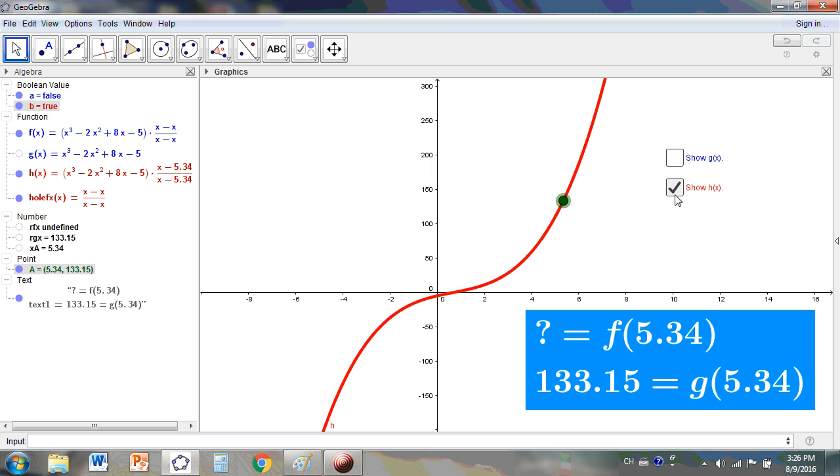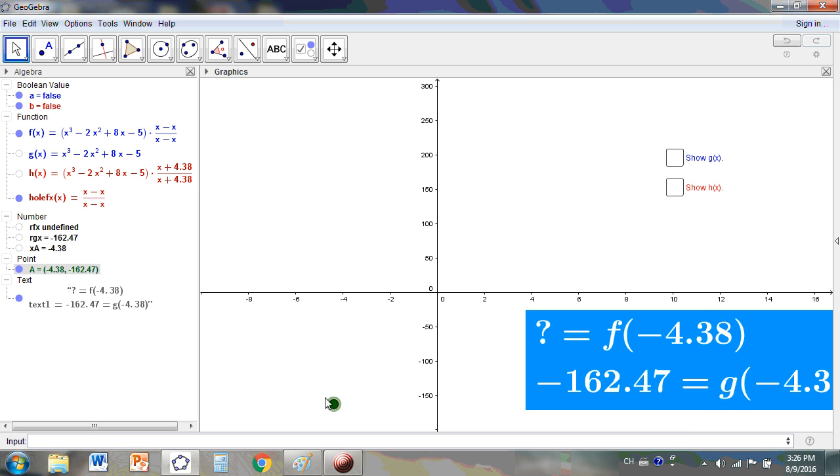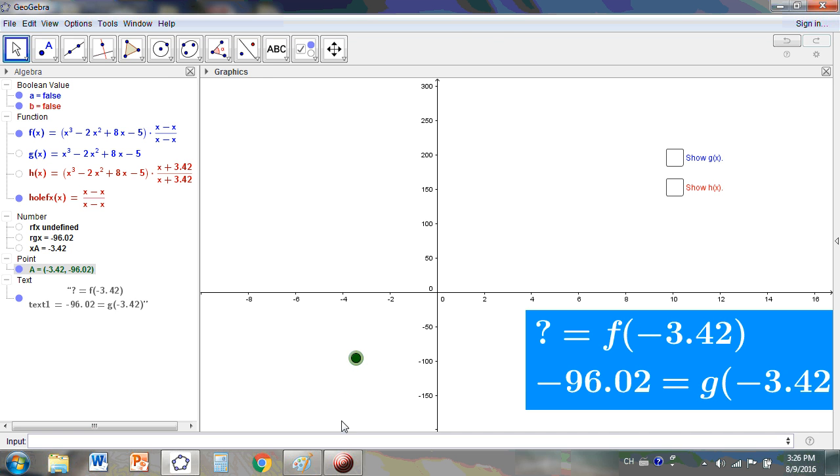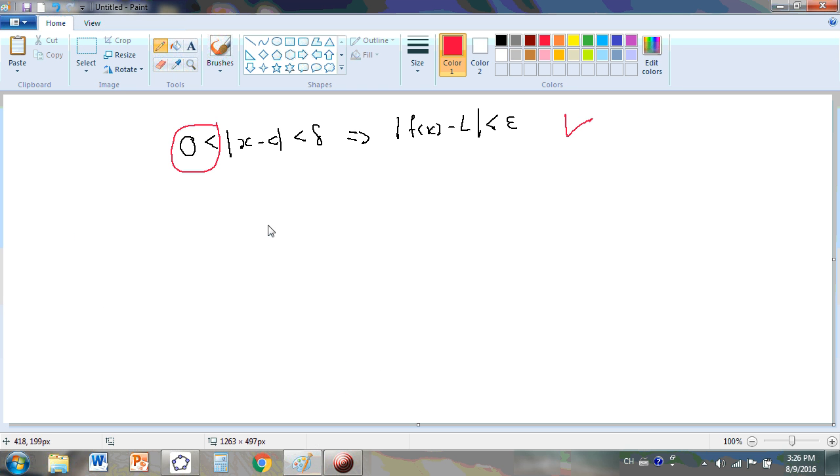Now, if we multiply f of x, g of x by x minus x over x minus x, then you'll see that the function is nowhere continuous, but everywhere differentiable. And coming back to this particular screen here, it's literally impossible for this to be true under any circumstances.